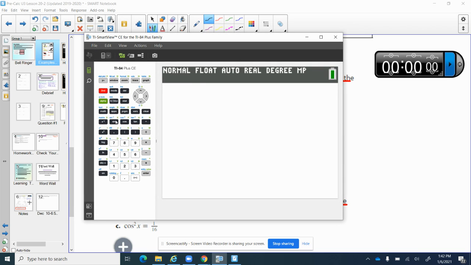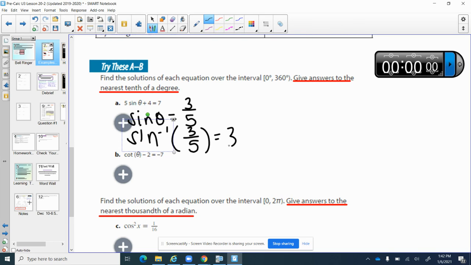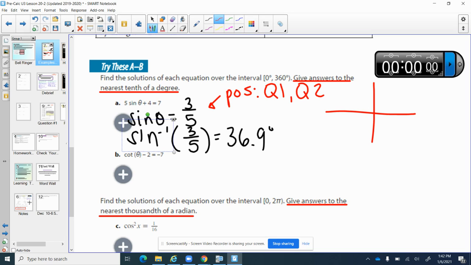So sine inverse of 3/5 gives us a lovely reference angle of 36.9, rounded to a tenth of a degree, as our reference angle. Okay. Now, sine is going to be positive, right? And we know sine is positive in quadrants 1 and 2. So that's where our answers are coming from, quadrants 1 and 2.